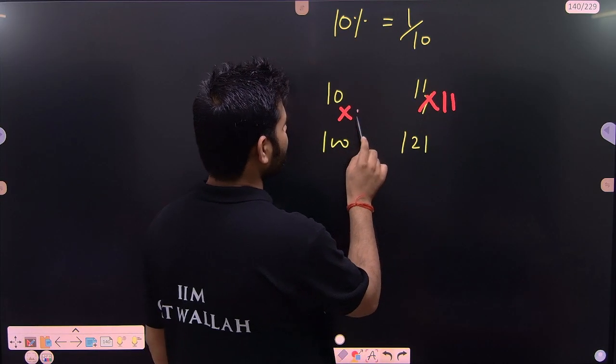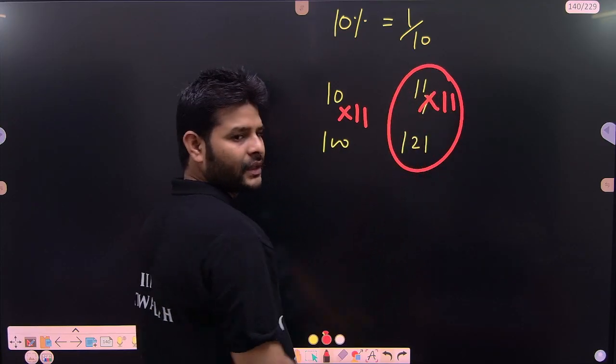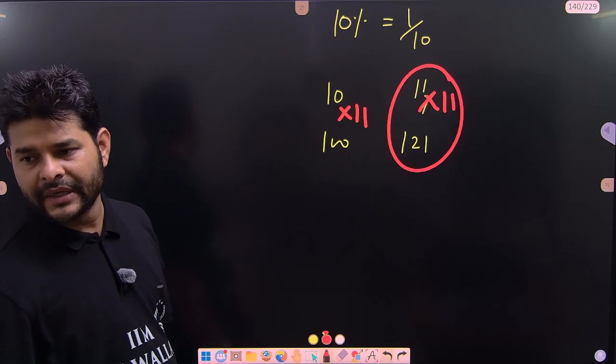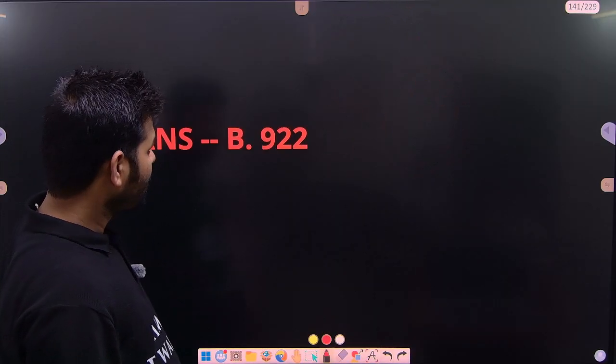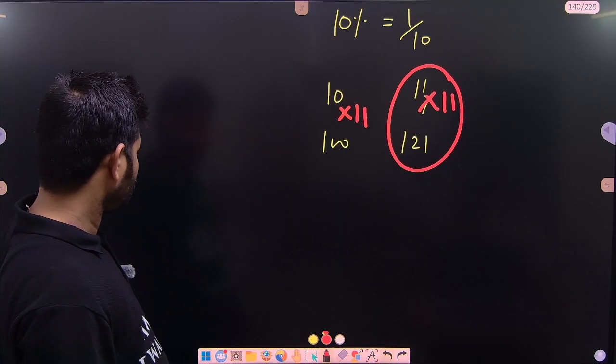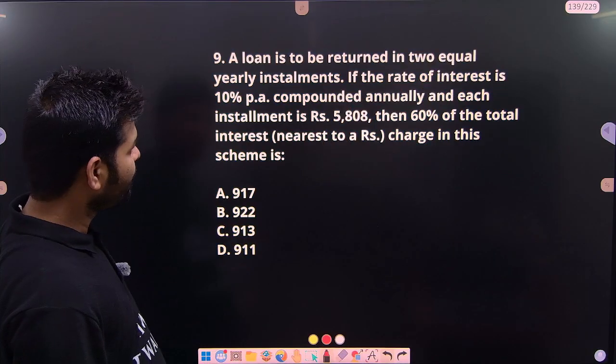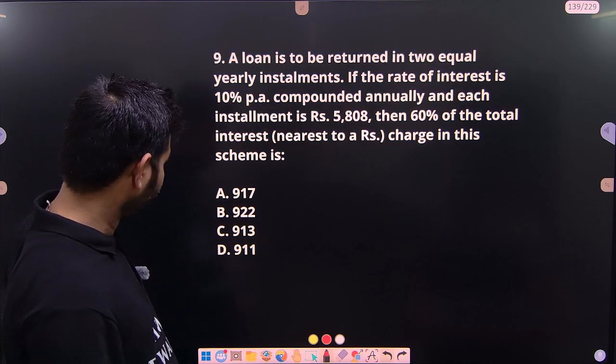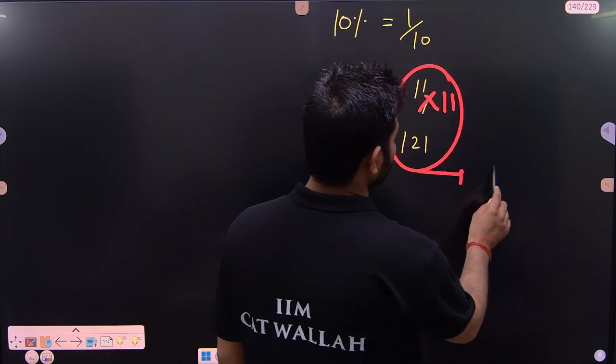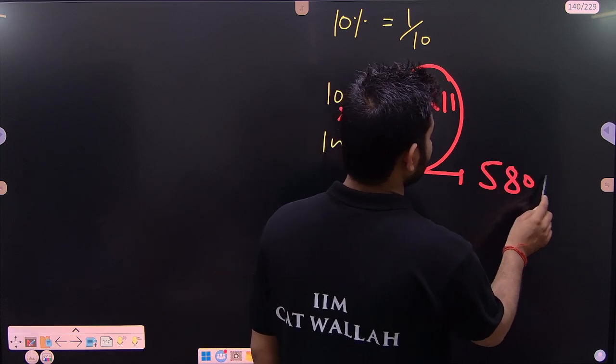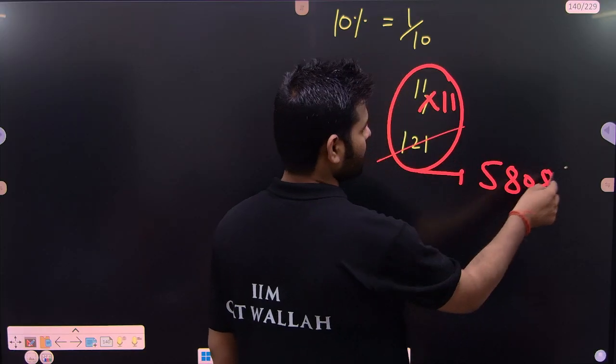So that is 21. 21 unit is going to represent 5,808. So 1 unit cost would be 48.